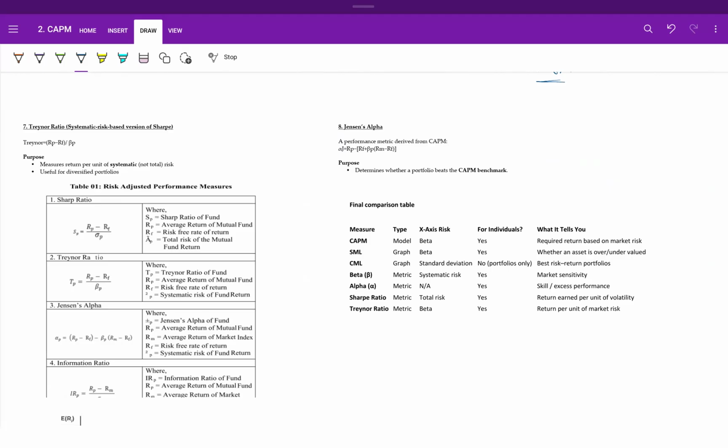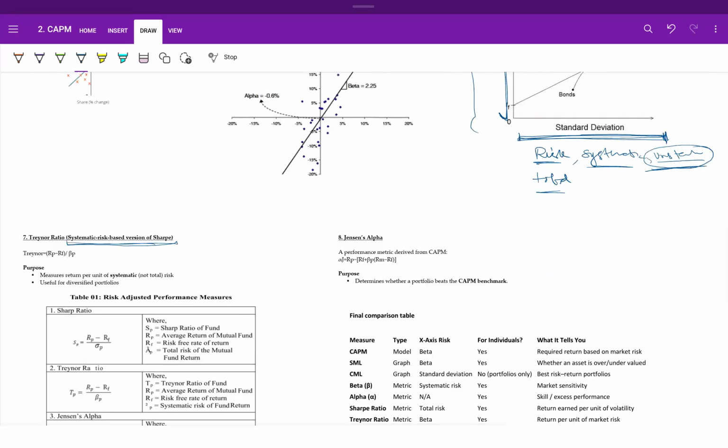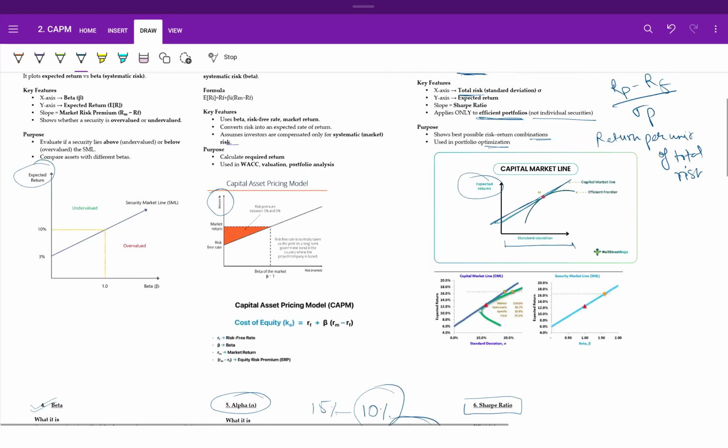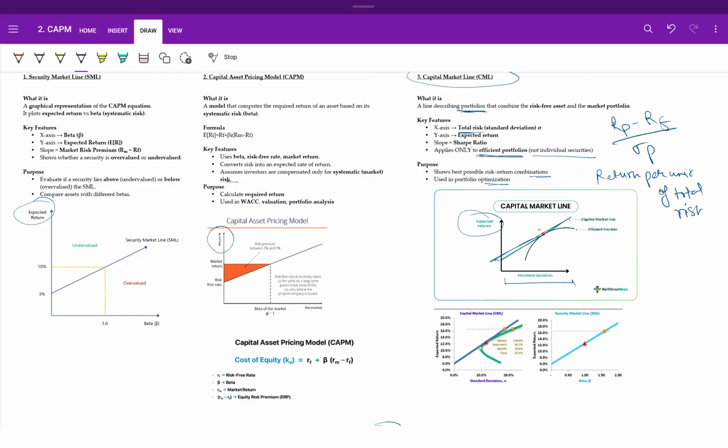The Treynor ratio is a systematic risk based version of the Sharpe ratio. We have not discussed anything about unsystematic risk, but we are only discussing systematic risk. Beta is also about systematic risk. Here it's beta.